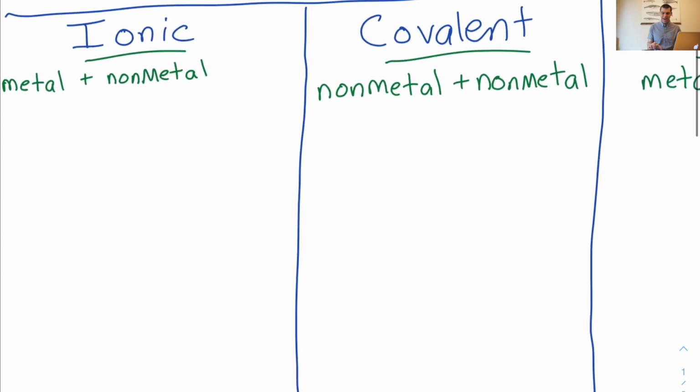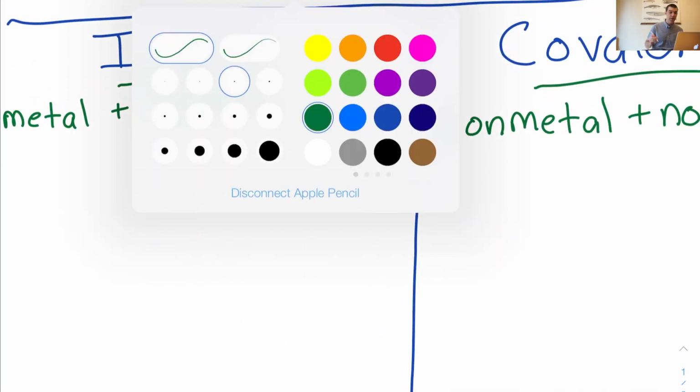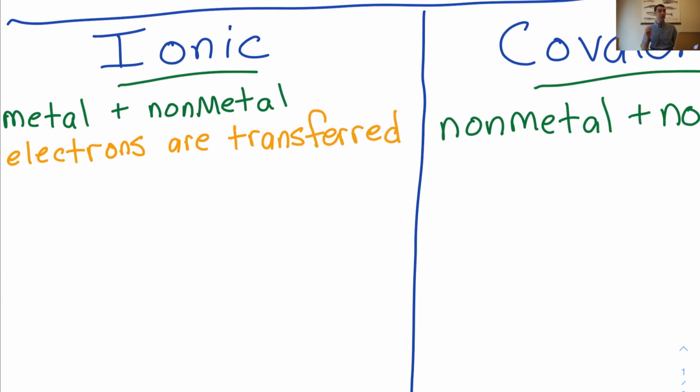When I have an ionic bond, it's a metal and a non-metal, in this type of bond, electrons are transferred. All right, and the electron jumps from one atom to another, which turns them into ions.